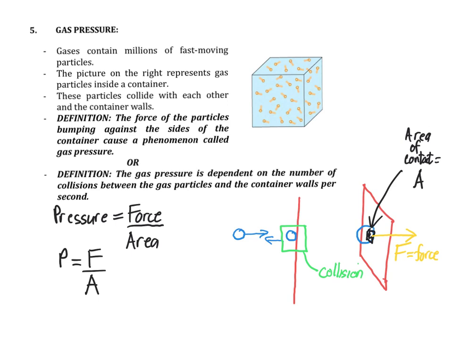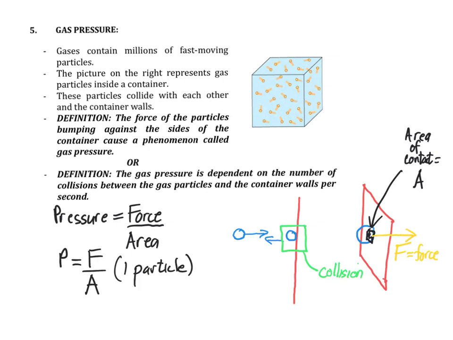Now, in a given second, there will be millions, if not billions, of these collisions. So the more collisions there are, the greater the pressure there is going to be on the system, because this is for one particle colliding.